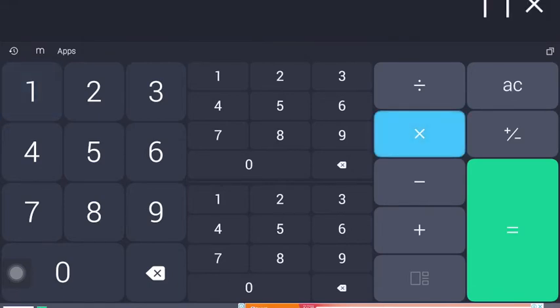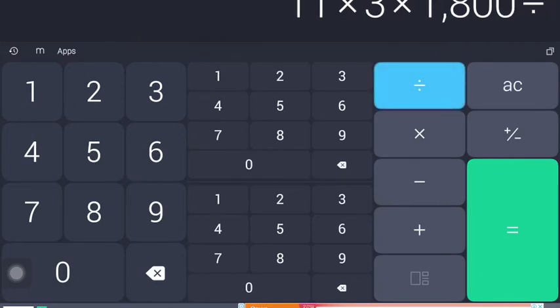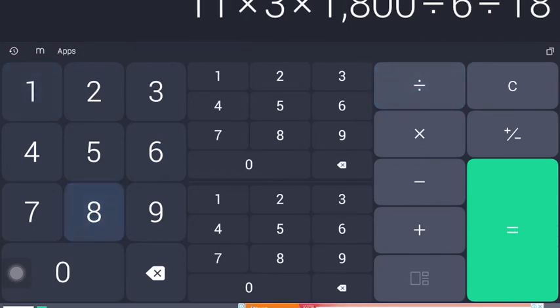So 11 into 3 into 1800 divide by 6 divide by 18.